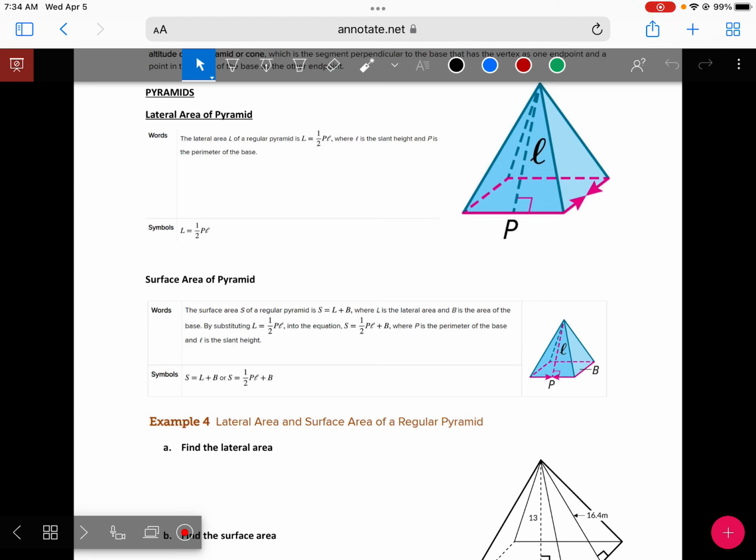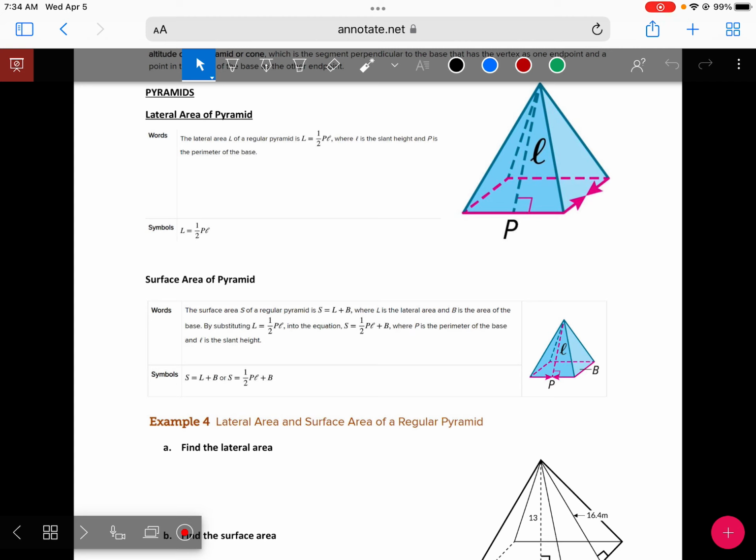Right, good. And that's not. That's one big difference. Anything else? This has sides looking like what? Triangles. So a pyramid is going to have some triangles.